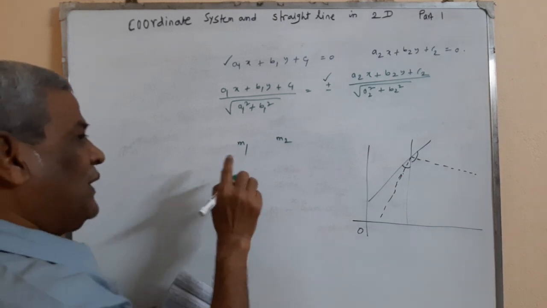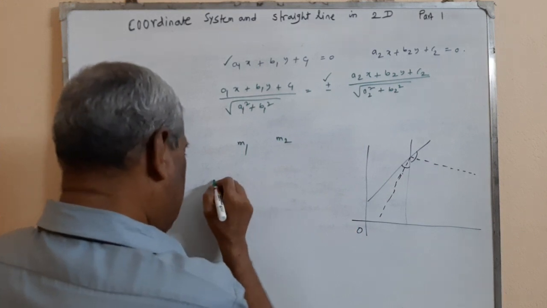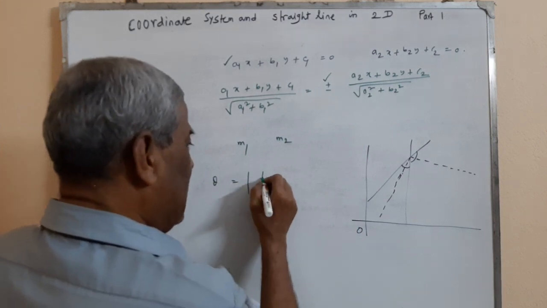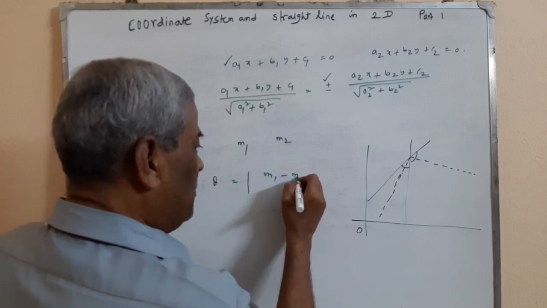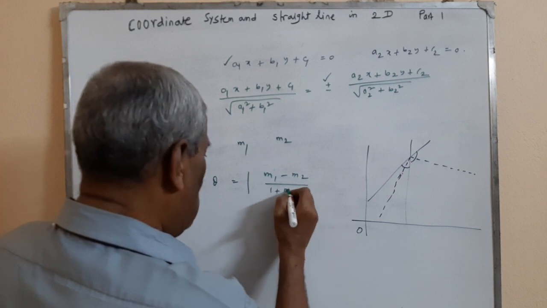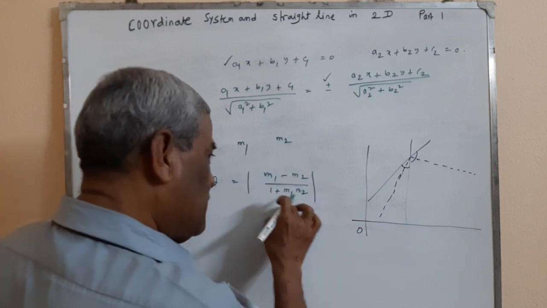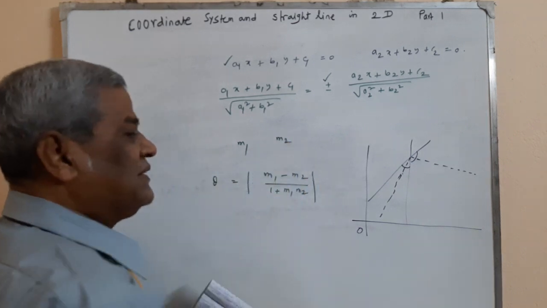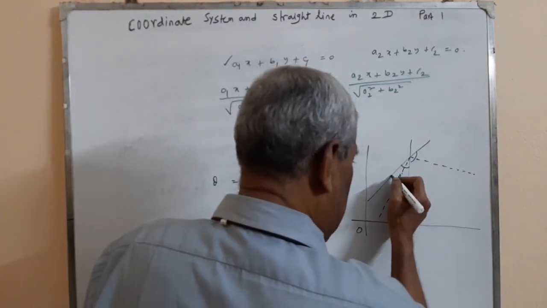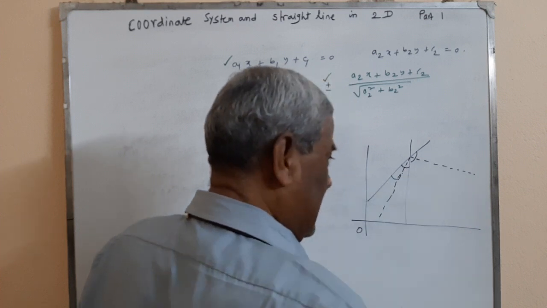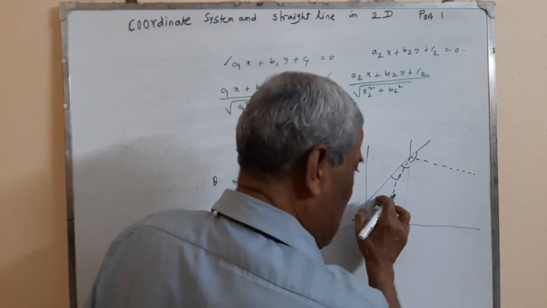Now check the angle between this and the one corresponding to plus sign, theta say. tan theta is equal to (m1 minus m2) by (1 plus m1 m2). If the magnitude of this value is less than 1, then this angle is less than 45 degrees. So the whole angle is less than 90 degrees. So this is the acute angle.